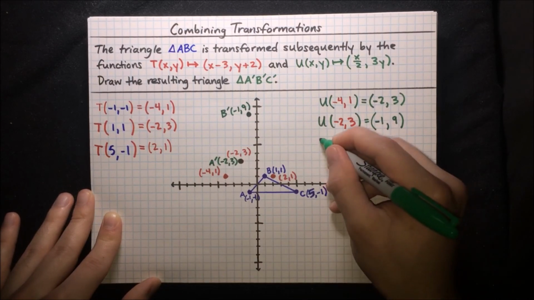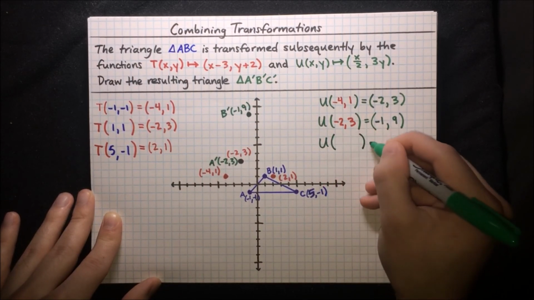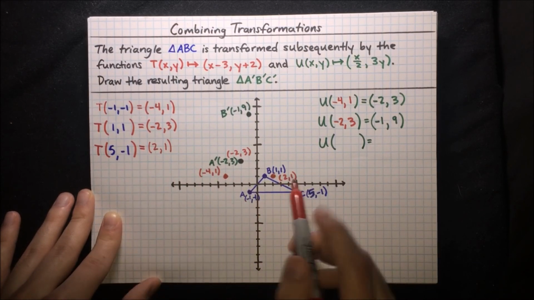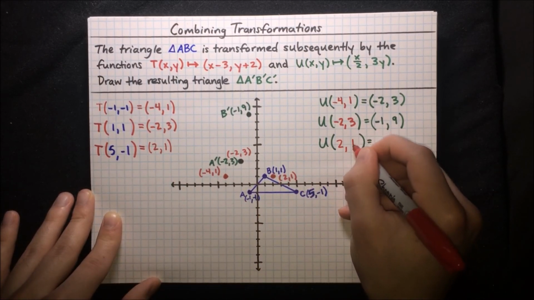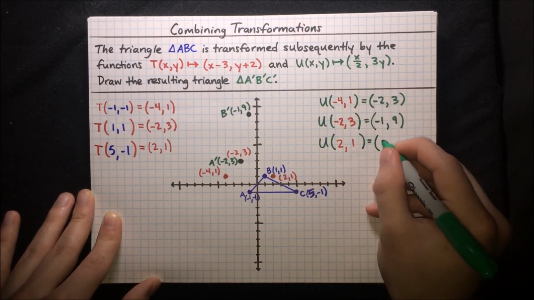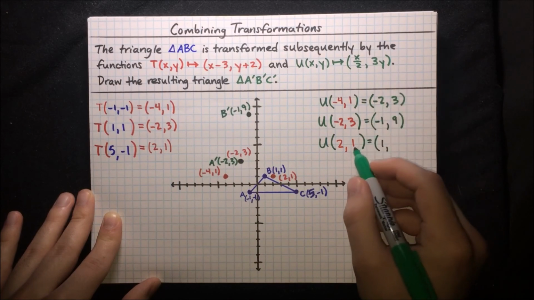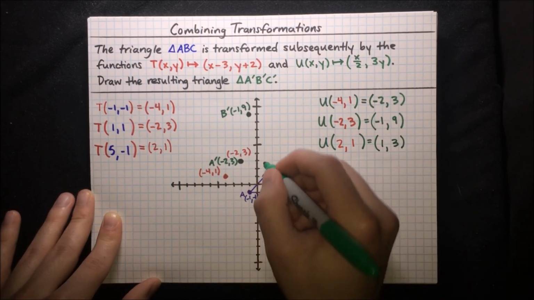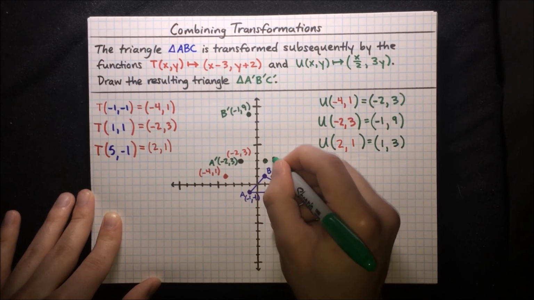Last point, let's apply u to the point that C was transformed into. C was brought to 2, 1, so we plug in 2, 1 into u, and we get the x-coordinate 2 divided by 2, so that's 1, and then 3 times the y-coordinate, so 3 times 1, which is 3. So 1, 3, that's our point C prime.